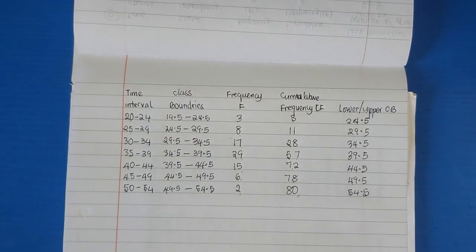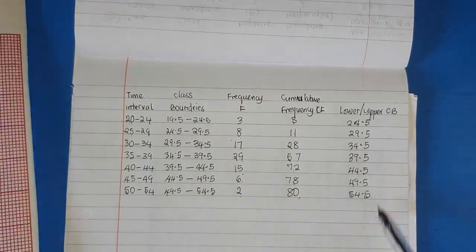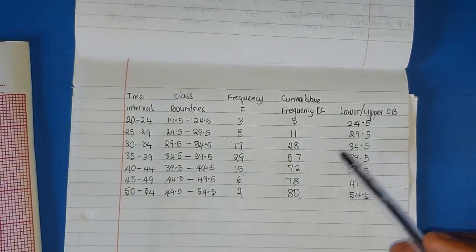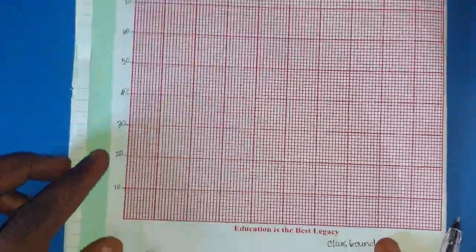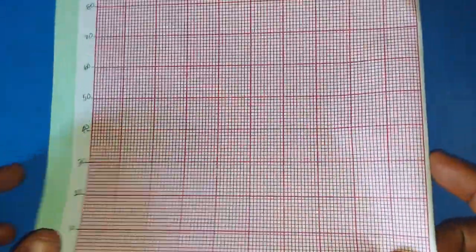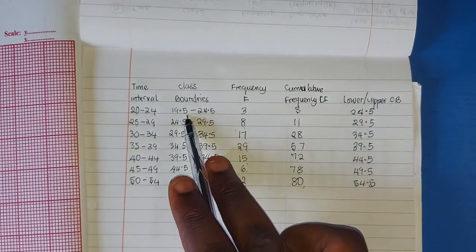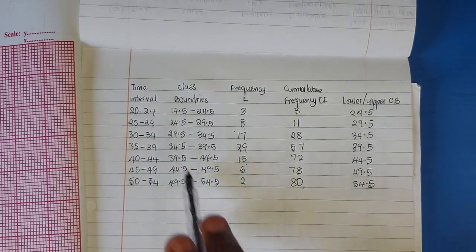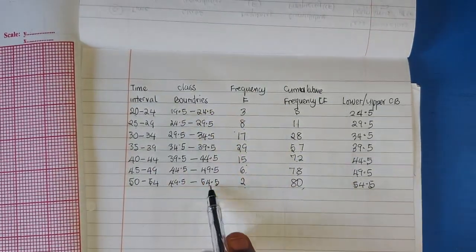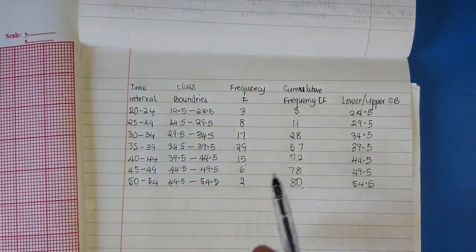On the x-axis, you repeat the class boundaries. You will start with the lower class boundary of the first class, then you come this way, in this format.